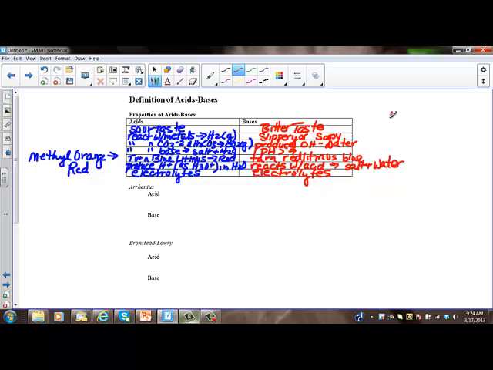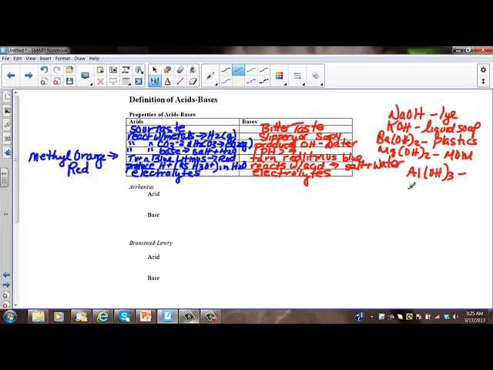They are also electrolytes. Some examples: NaOH, which is lye. It's used in gardens. Potassium hydroxide, that's used in liquid soap. BaOH2, barium hydroxide, is used as a stabilizer in plastics. MgOH2 is MOM, milk of magnesia. Maybe some of you have taken it. And aluminum hydroxide is also another favorite friend found in Maalox.